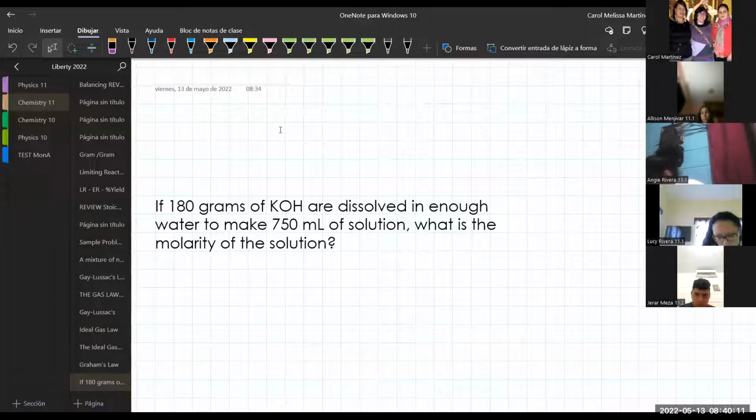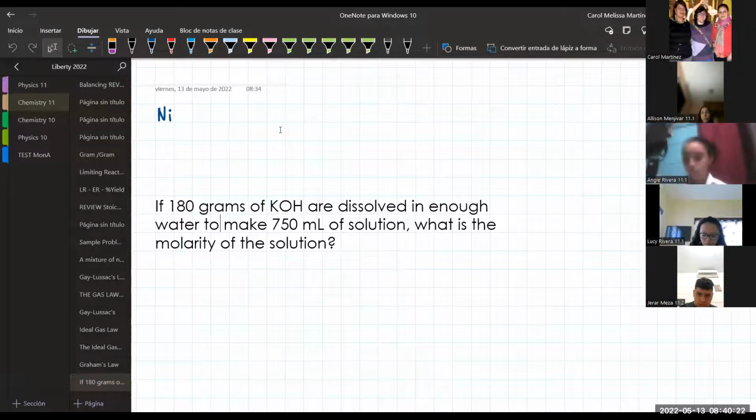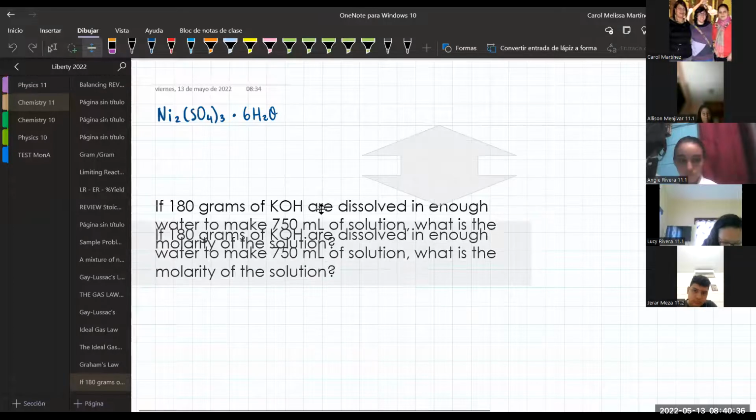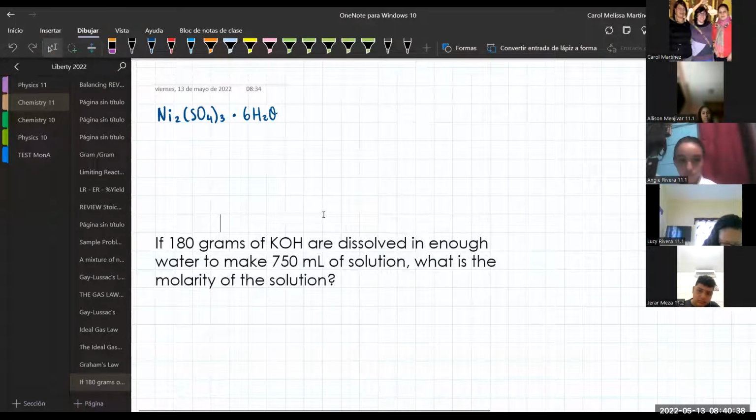So, imagine that you have this compound. And I say, okay guys, you need to get a molar mass of this hydrate.